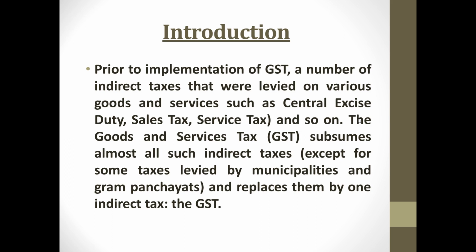Now, since GST has been implemented, this is also known as one nation, one tax. All these different state-wise VAT and sales tax systems have been abolished, and now we have just one single umbrella of GST, which covers the entire nation, right?